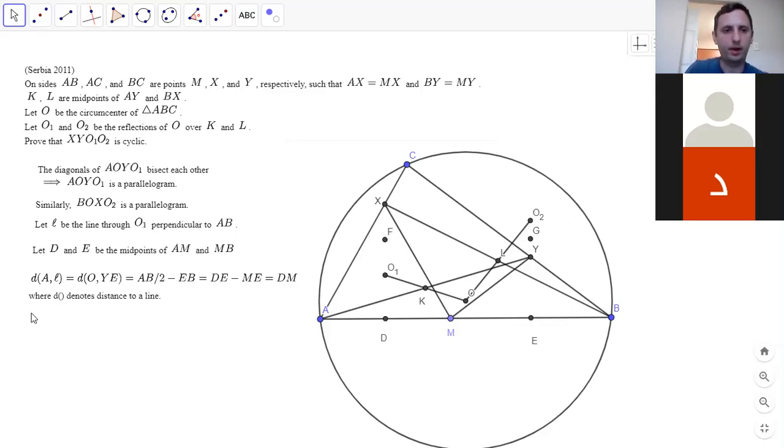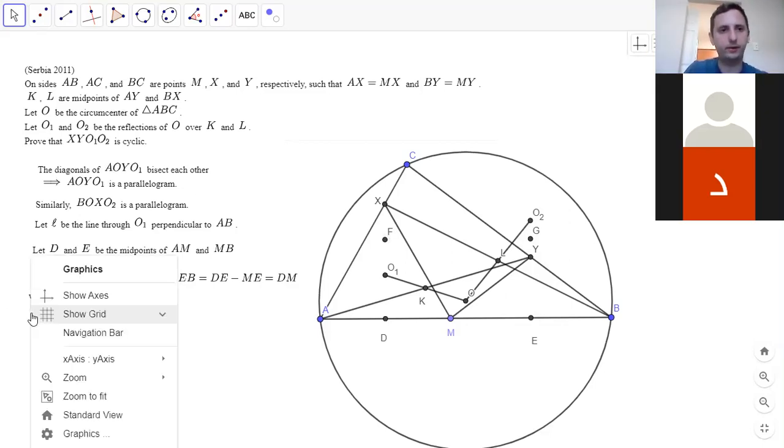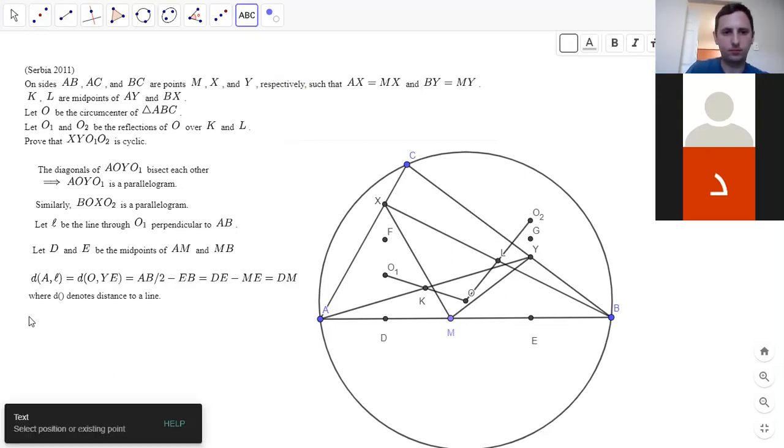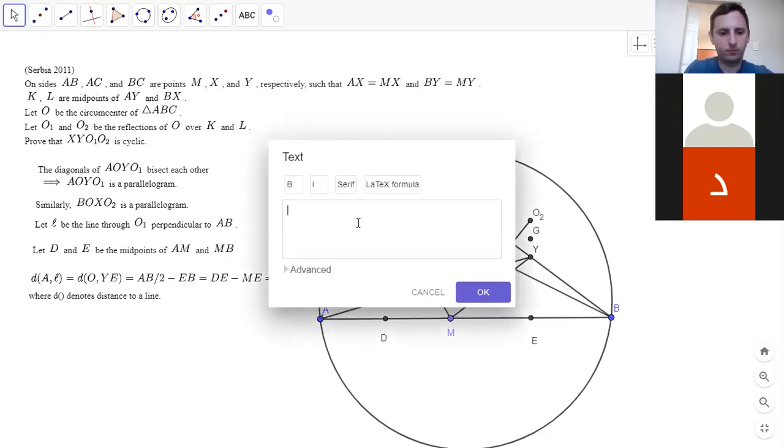So XO1 and D are collinear. And similarly, O1, Y, and E are collinear.